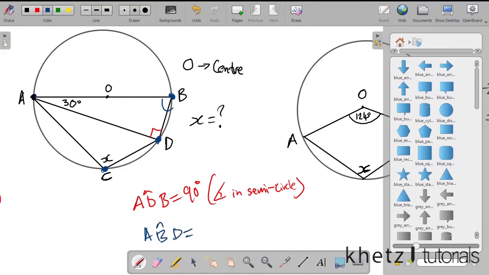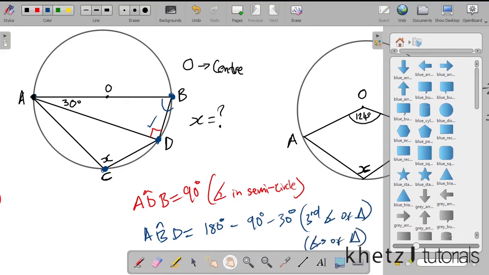and the value of that would be 180 degrees subtract 90 degrees, which we just found over here, and then subtract the 30 degrees which we were given in the question. And the reason for that would be third angle of triangle, or another reason would be angles of triangle.